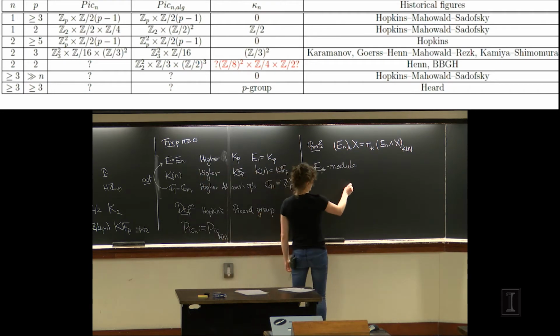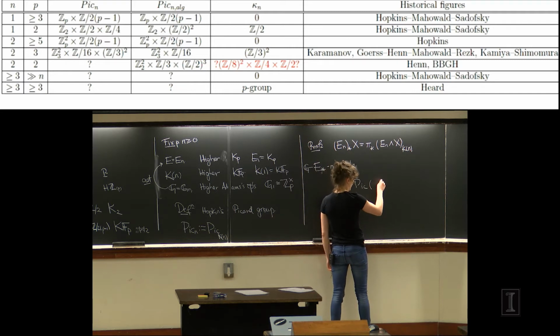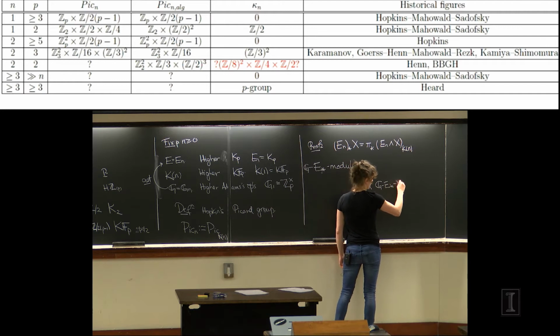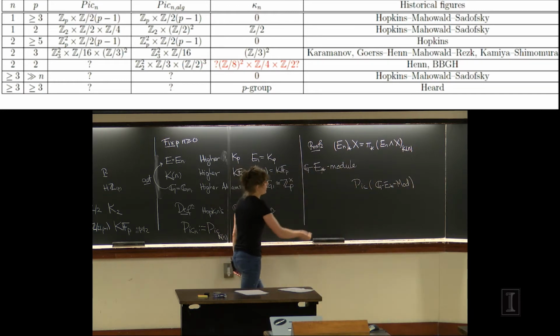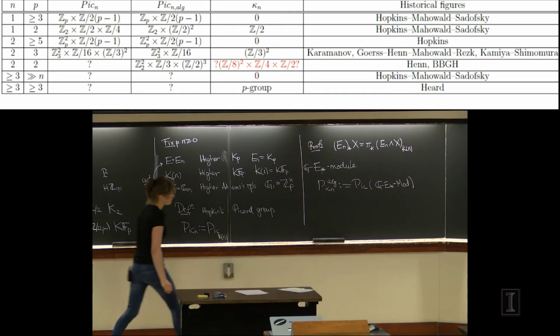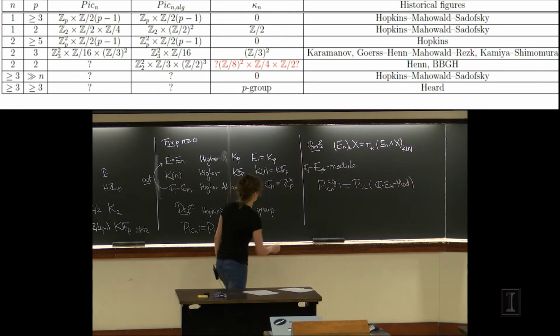So you could look at the category of such things. It's just an algebraic category. So G-E^* modules, and look at its Picard group. And that thing is usually called the algebraic Picard group. This is a definition.